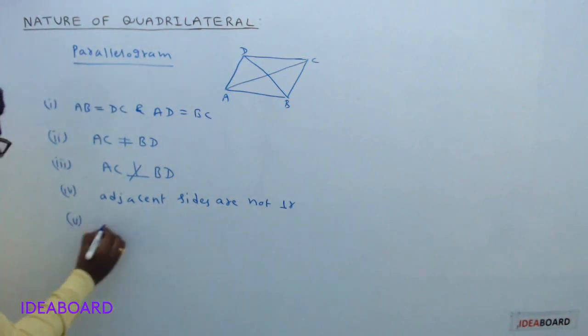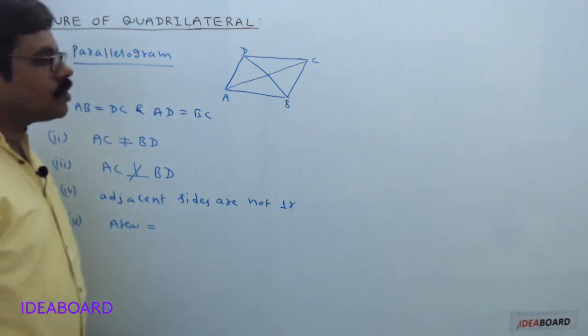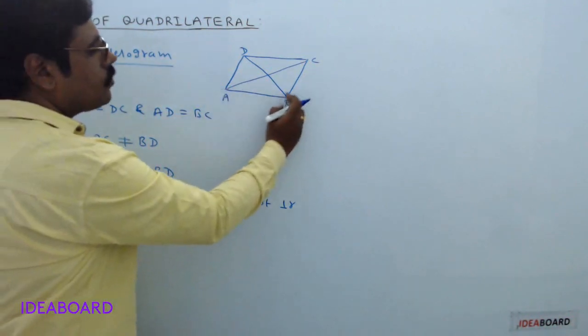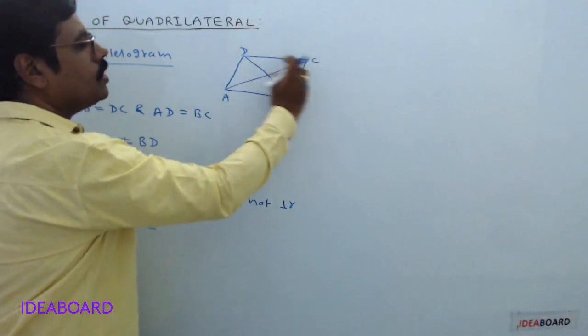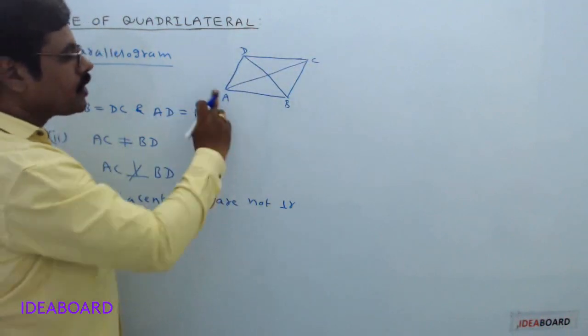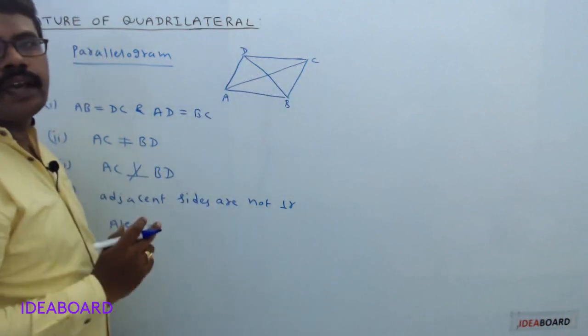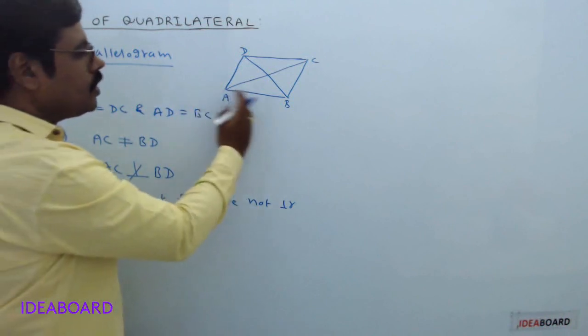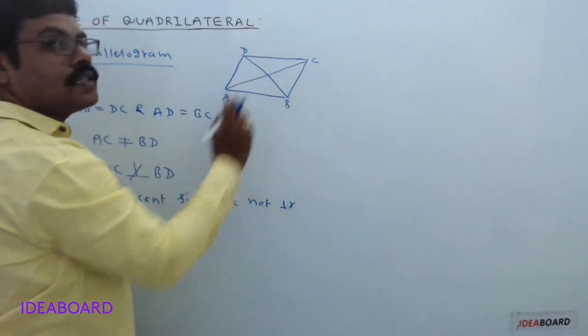Then come to area. Area of parallelogram is, if you observe the diagram, area of triangle ABC is same as area of triangle ACD. So area of parallelogram ABCD can be taken as area of triangle ABC plus area of triangle ACD.